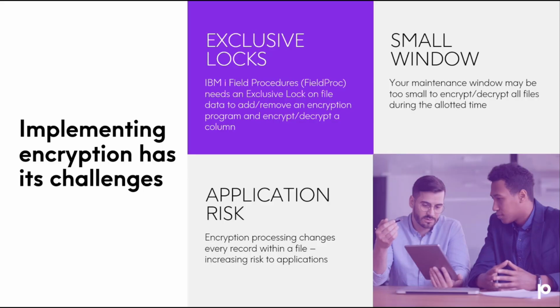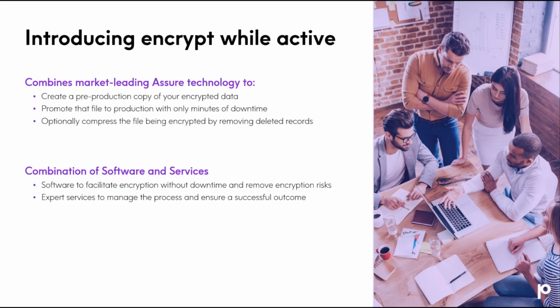So small files, no big deal. You can do them quickly. But if you've got a big monster file with a whole bunch of access paths and things like that, that really might not work out so well for you. And so that really adds a risk of downtime there. So we actually have some options to solve that problem, and we call it encrypt while active.